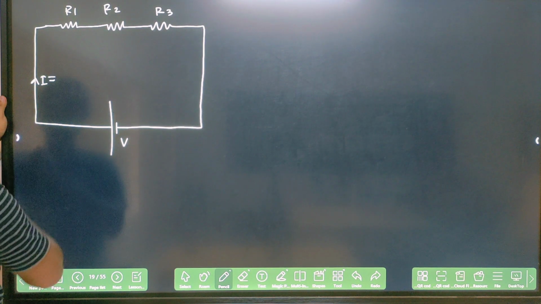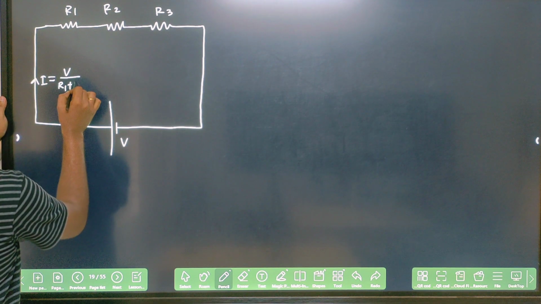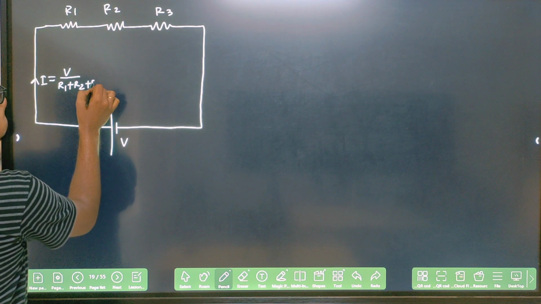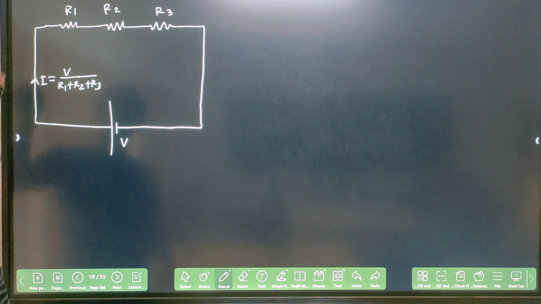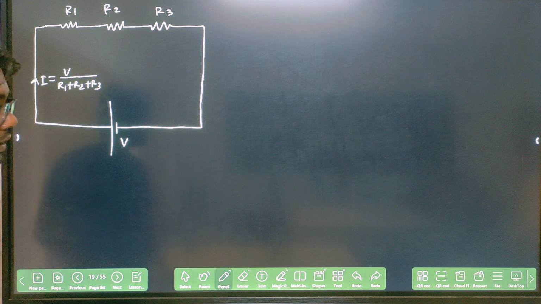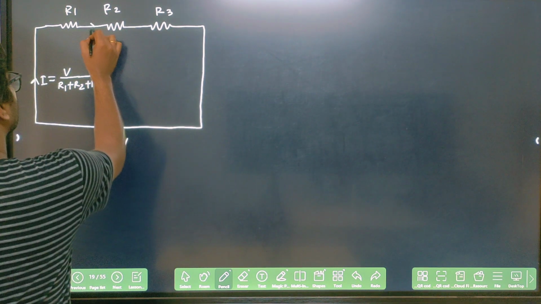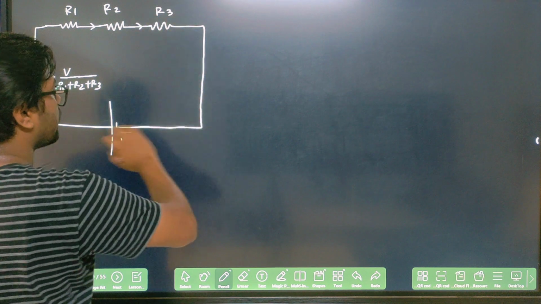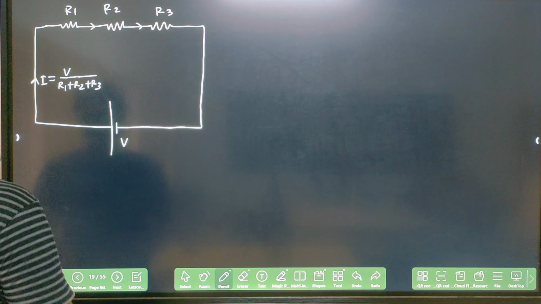The current will be V divided by R1 plus R2 plus R3, which is your R equivalent. This much current is flowing through this circuit. Here also I current will flow, everywhere the current is the same. That is the series combination we have studied.